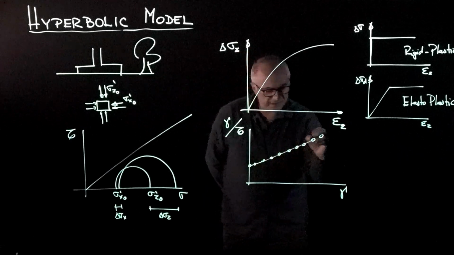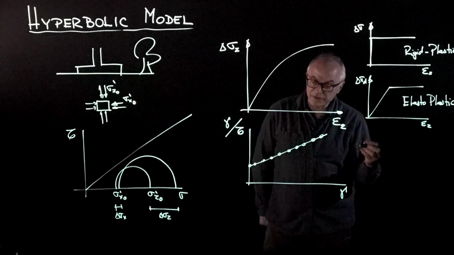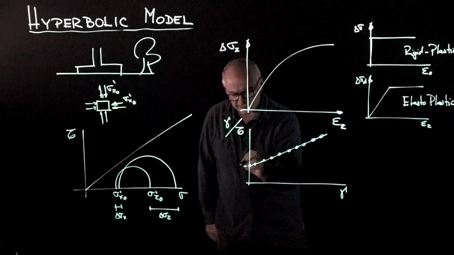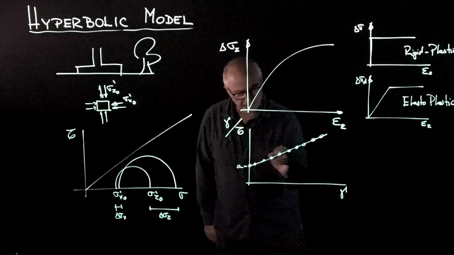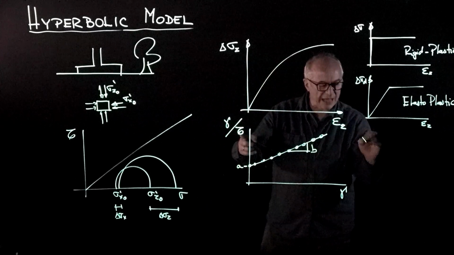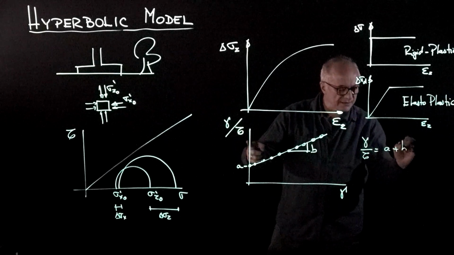And so this is the type of relationship. And when we express this further, let's say that the intercept is A, and the slope is B, then we can say that gamma over tau is equal to A plus B gamma.